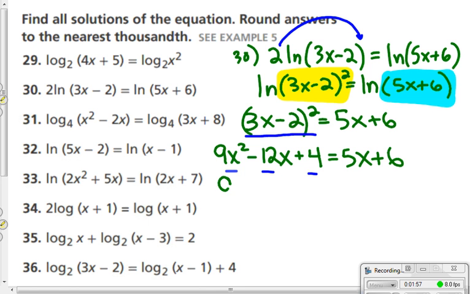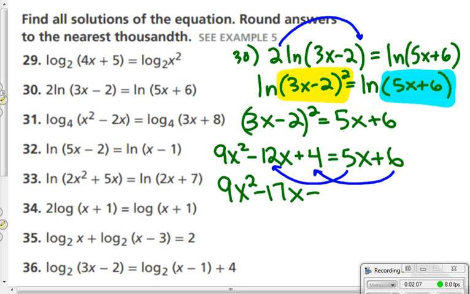We're going to move everybody to the left side, joining 9x squared. So we're going to take away 5x, and we're going to take away 6. From here, I'm going to make a brave attempt at factoring this.